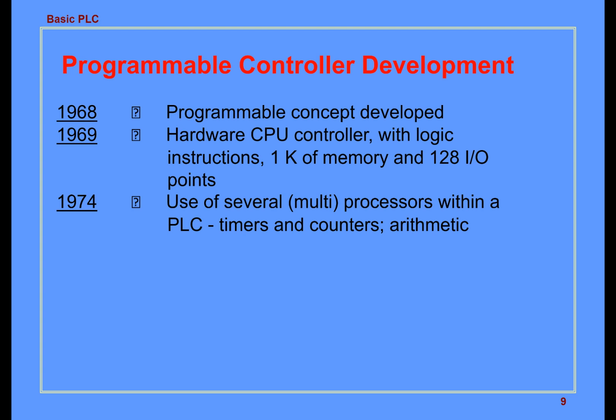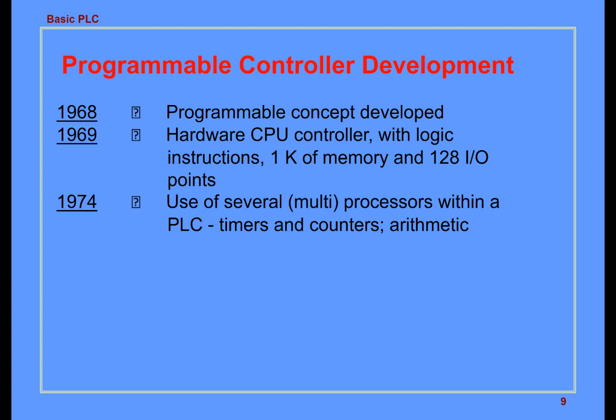Again, in 1974, about 5 years later, and this was the year I finished high school, they started using multiple processors. Still in the 70s, we were still using 8-bit microprocessors. The microcontroller, as we know it now, had not come out yet. So it was the microprocessor, and you had to have all the support I/O chips.